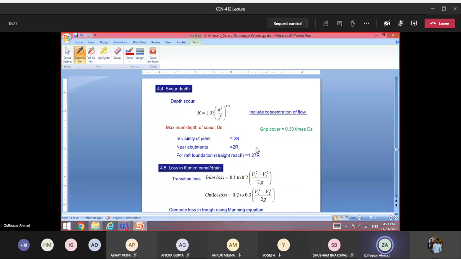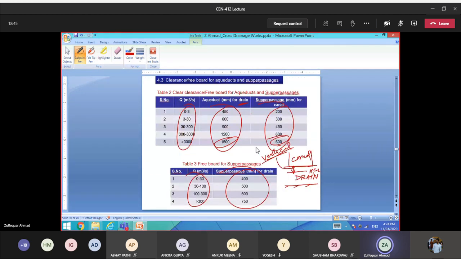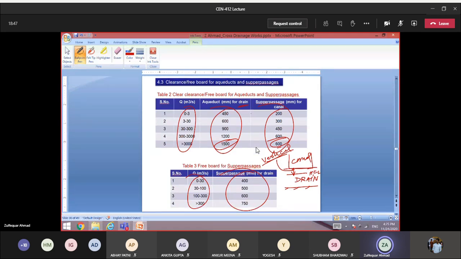Now, coming to the scour depth, I mean the protection. Let us say you are providing this siphon aqueduct such that the bed of the drain is of the concrete floor. You can see here, this is the drain and this is the concrete floor.